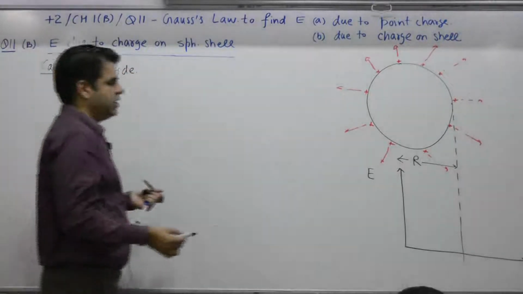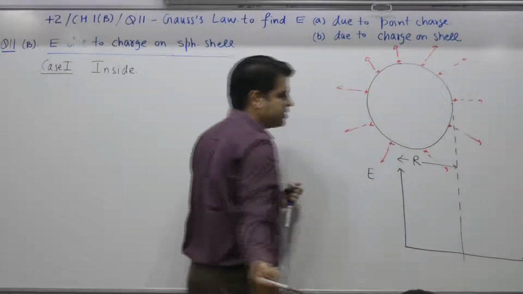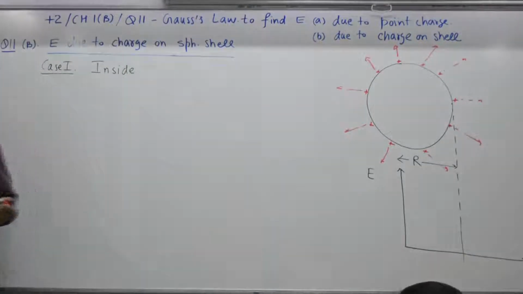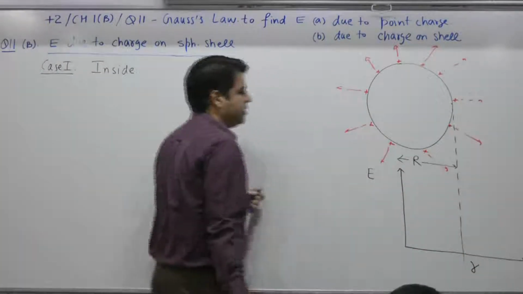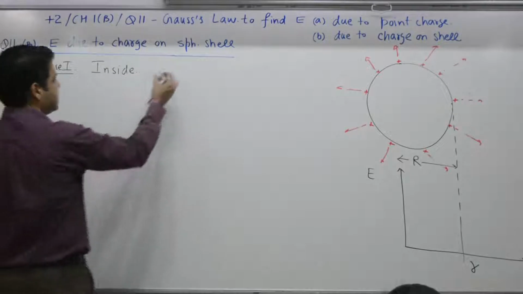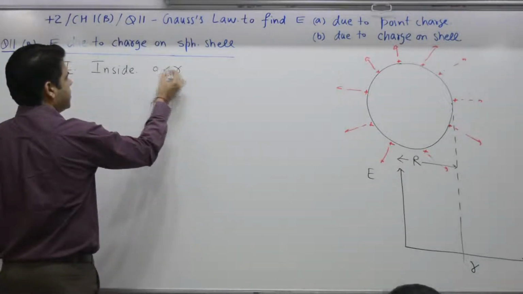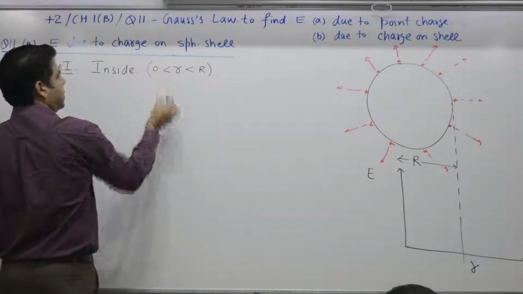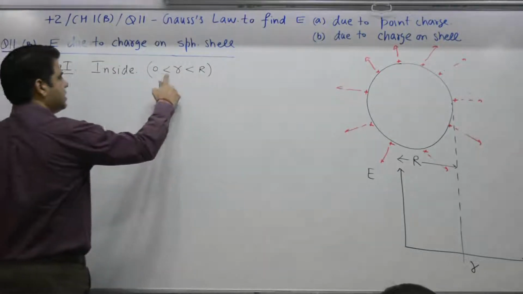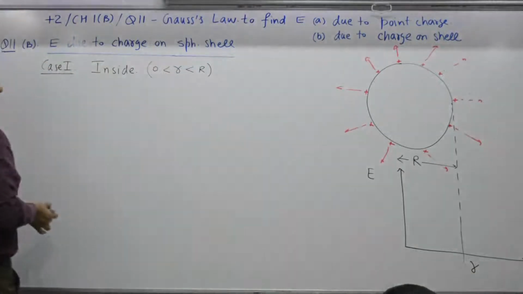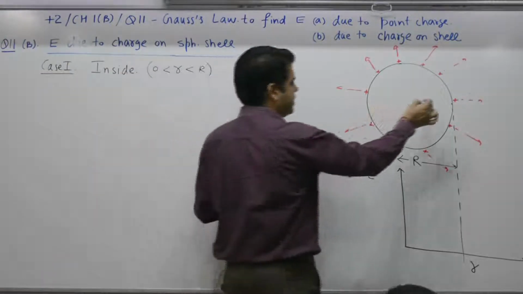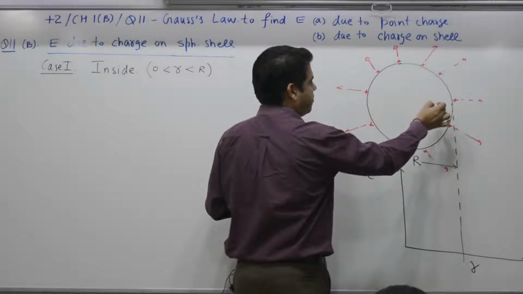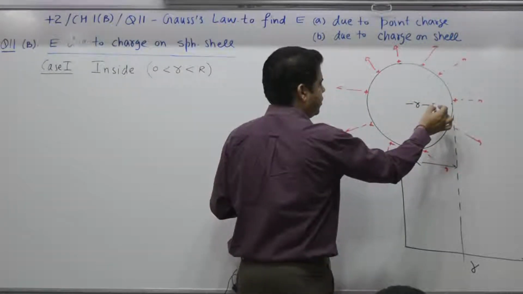When you say inside, it is x or small r as a function. We have to plot E as a function of r. That means small r varies between 0 to capital R. Take a point, say this one, P, which is at distance r. We have to find out E at this point.